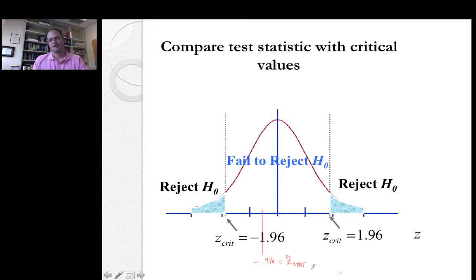And one way to write this is in absolute terms, because it's a two-tailed test. If the Z stat in absolute terms is less than Z critical, then we fail to reject. And that's what's happening here: 0.416 is less than 1.96. So we fail to reject the null.